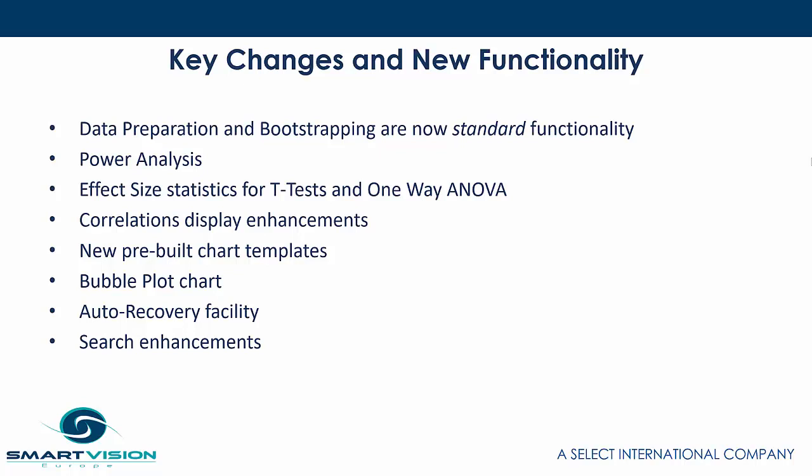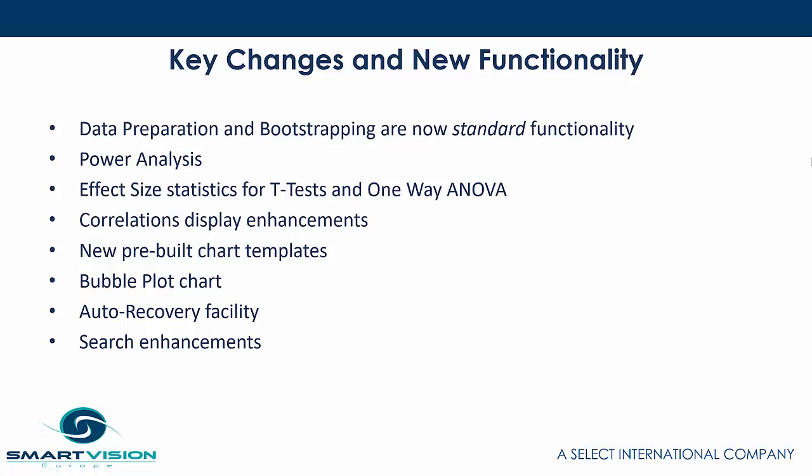Power analysis has been introduced. We'll be walking you through an example of power analysis, what that is and how to apply it. Effect size statistics for t-test and one-way ANOVA. Also some optional display enhancements for bivariate correlations. The introduction of pre-built chart templates. If you're used to working with things like table looks, then chart templates work in the same way.